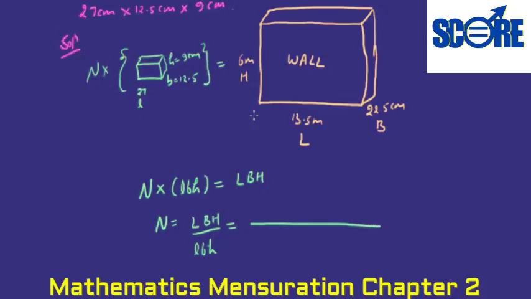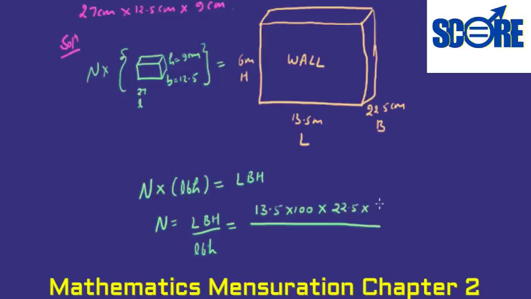Now what we see here is that some units are in meter and some are in centimeter. We have to convert all the units into centimeter. The length is 13.5 meter, so we have to multiply it by 100. Breadth is in centimeter, so there is no need to convert.